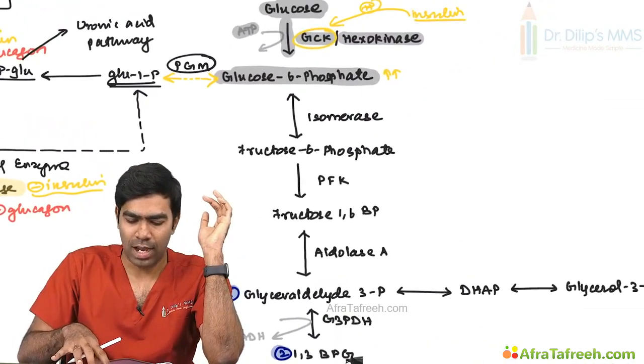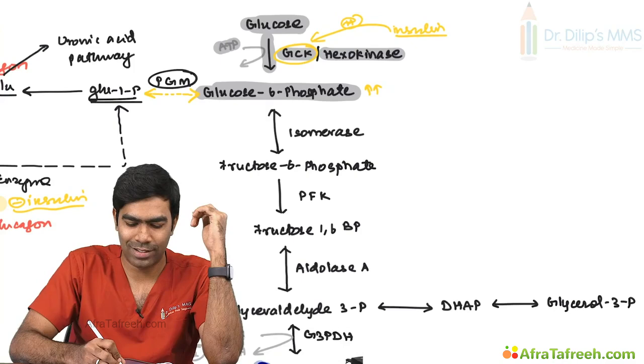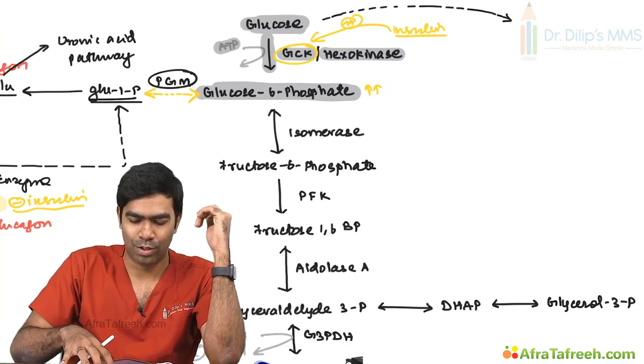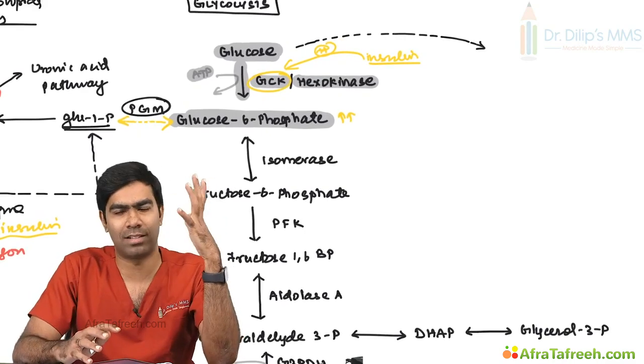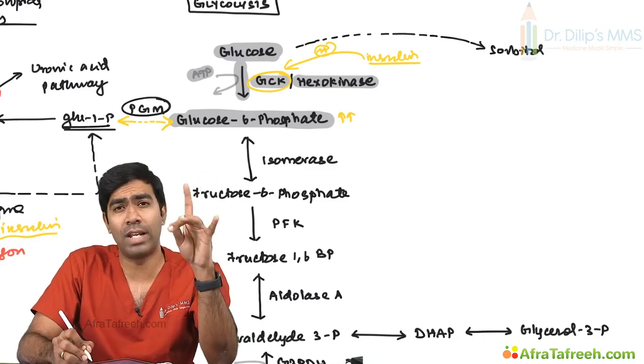So glucose and glucose 6-phosphate have other associations as well. First, let us see the pathological associations. Glucose in extremely excess amounts can be converted to sorbitol. But remember, only in high amounts.